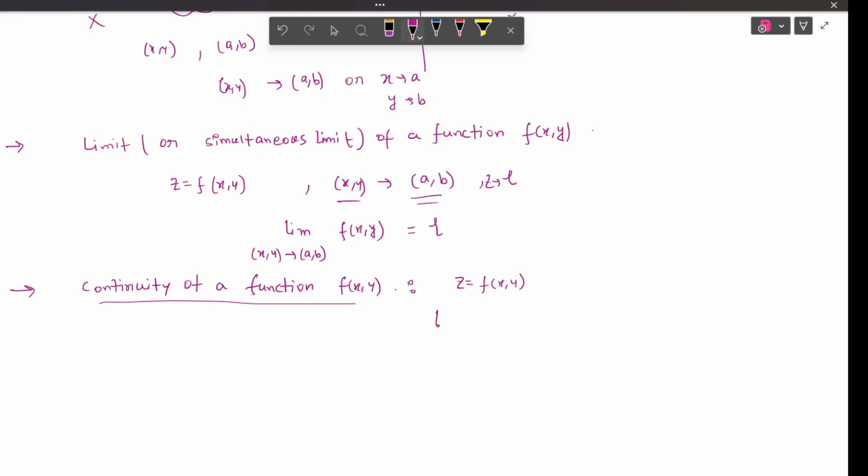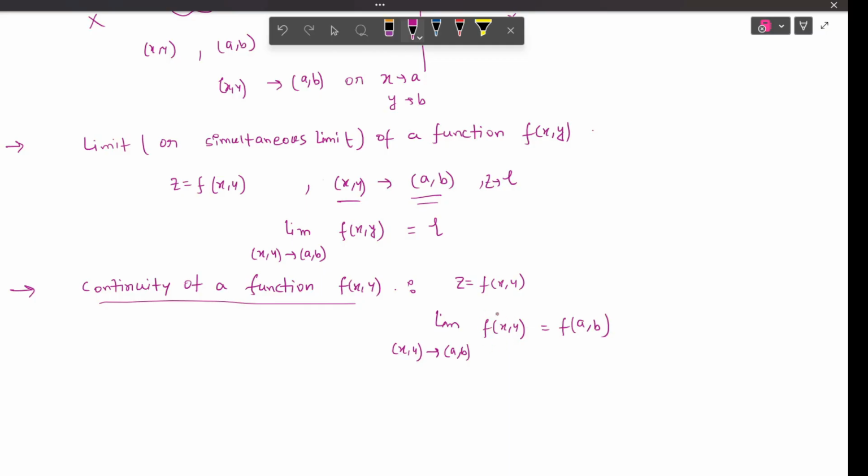And we say limit x comma y tends to a comma b f of x comma y gives f of a comma b.